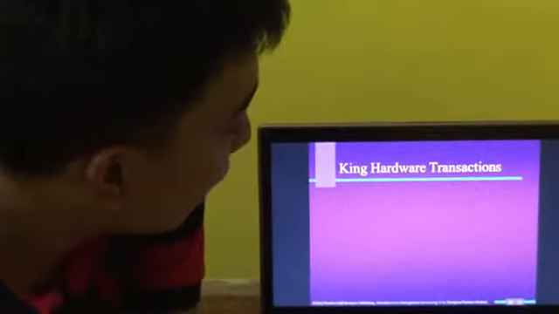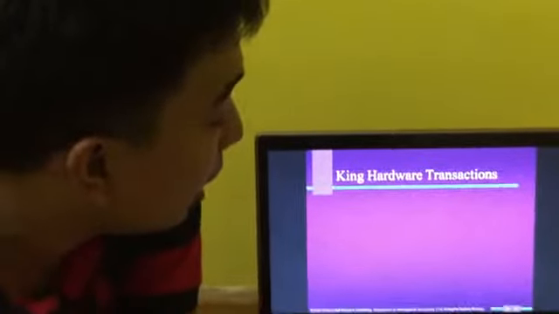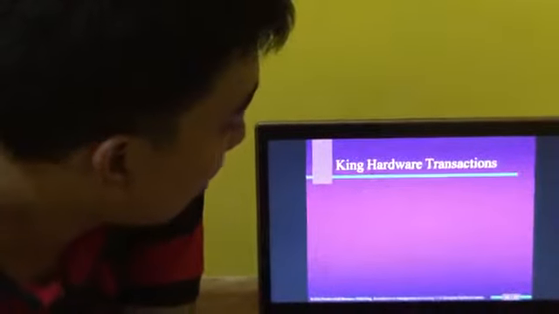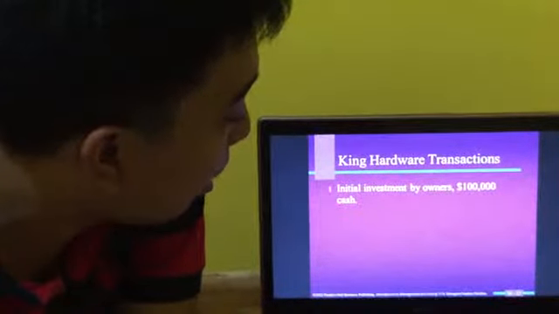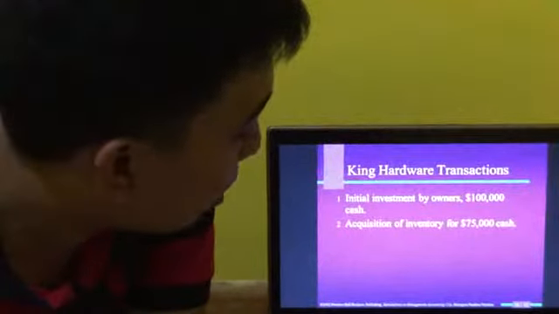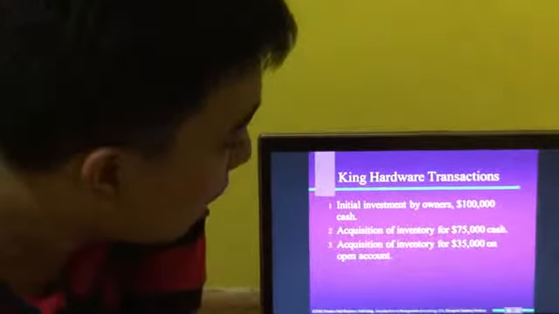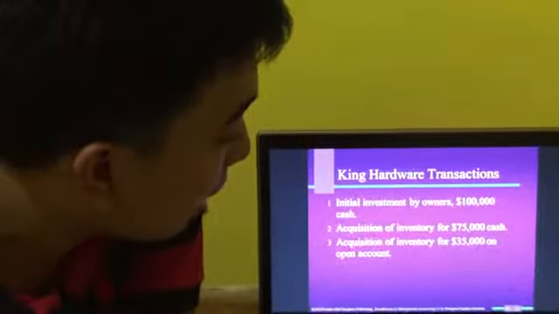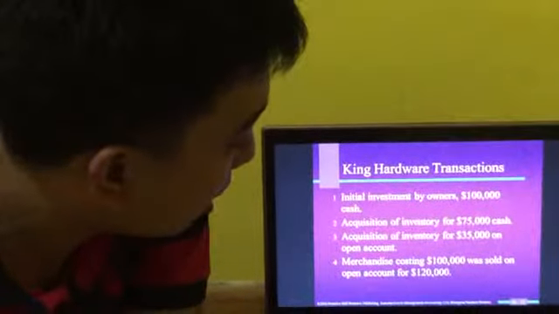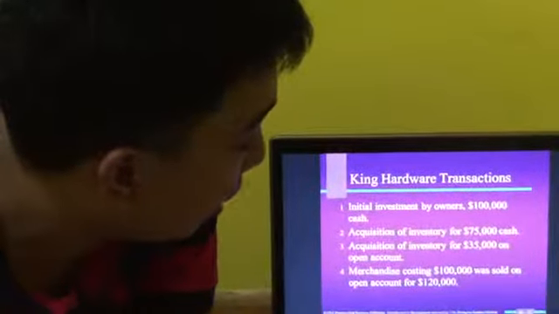King Hardware Corporation has the following transactions. First, initial investment by the owners, $100,000 cash. Next, acquisition of inventory for $75,000 cash. Then acquisition of inventory for $35,000 on open account. Next, merchandise costing $100,000 was sold on open account for $120,000.